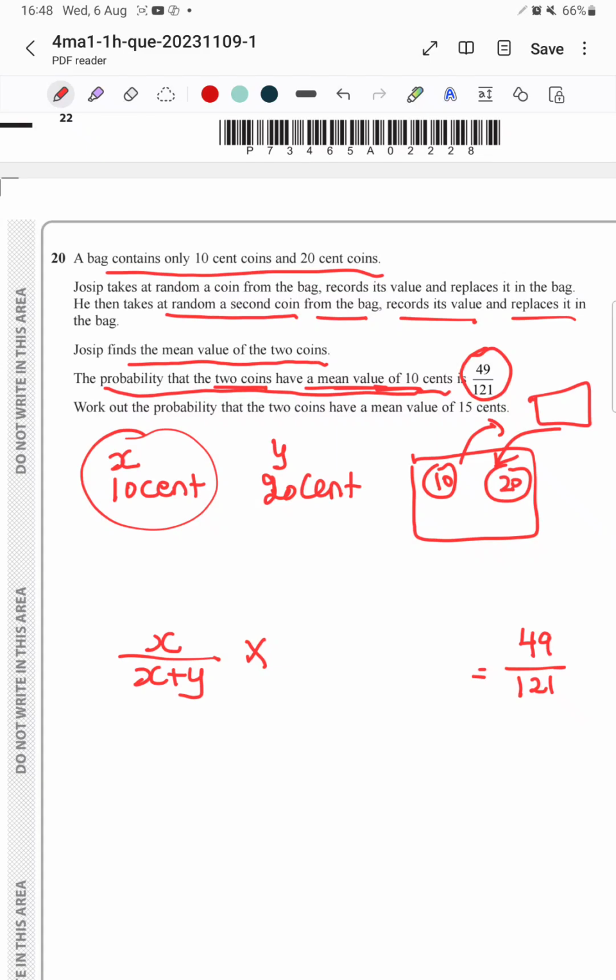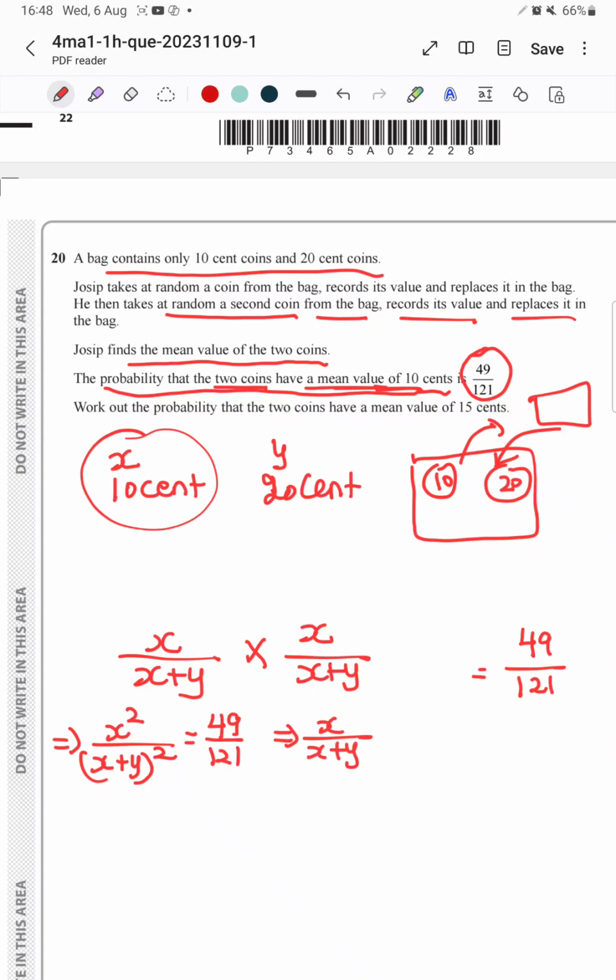And means multiply. Again it should be x because it is replacement, so no change in the number of coins, over x plus y. So here what I got is x squared over x plus y the whole squared, and that is 49 over 121, which means x over x plus y is equal to 7 over 11. We cannot take the negative value because it's the number of coins.